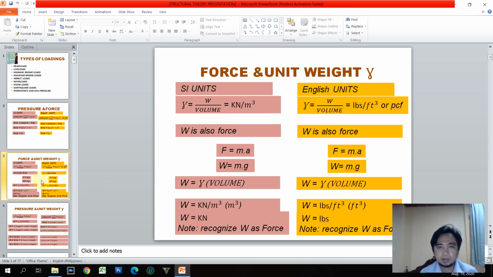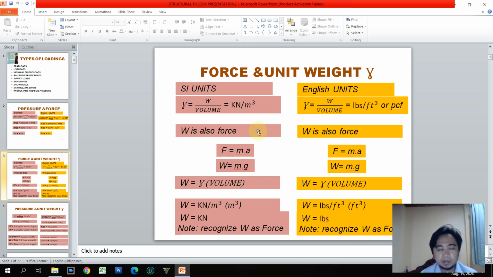Okay, so next we wanted to relate force and unit weight. So unit weight is defined as the ratio between weight all over the volume. This is equal to kilonewton per cubic meter in SI, and PCF or pounds per cubic feet in English system.